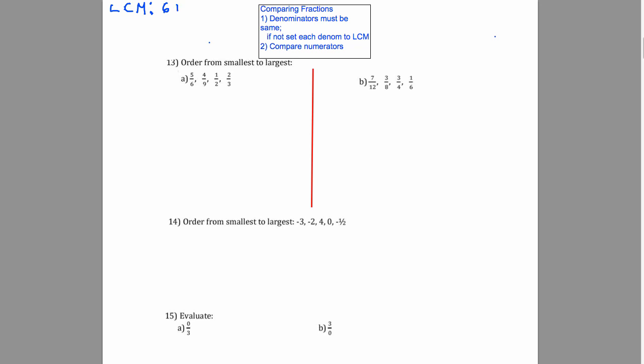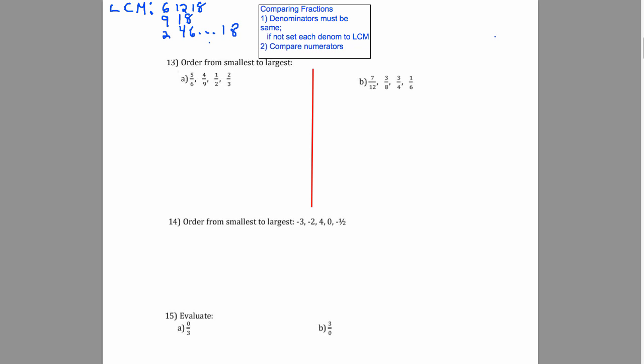So 2 multiples of 6 are 12, 3 multiples of 6 are 18, and I could keep going, but I see that the next fraction has the denominator of 9, and I see that 2 multiples of 9 would be 18. And clearly I can get 18 from 2 because 2 is an even number. And if I take multiples of 2, keep taking them, eventually I'll get to 18 again. So it looks like 18 will work.